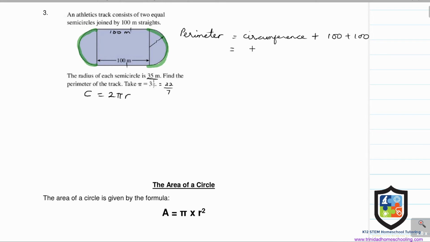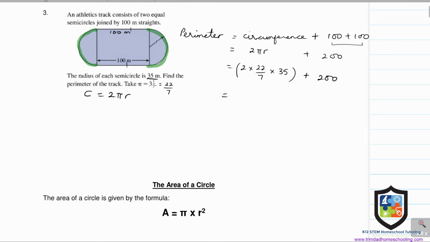So let's put in all the information. Our perimeter is 2 pi r plus these 100s, which gives me 200. So 2 multiplied by 22 divided by 7 multiplied by the radius, which is 35 meters. And all that is going to be added to 200.